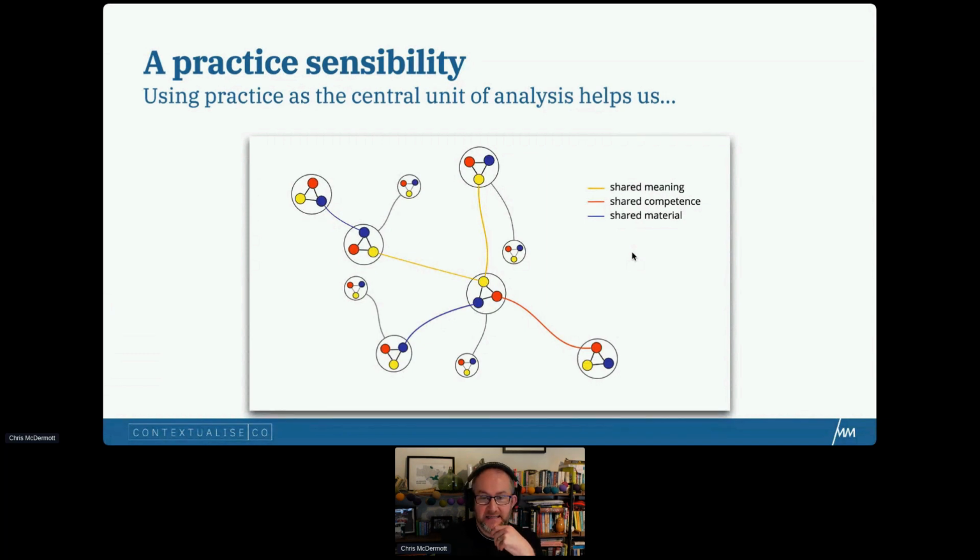It helps us consider what things are shared in our environment and how other things might or might not be compatible, how we might bring things in and how they may or may not work well with the current context, and how we consider what to change in the meanings, materials, and competencies and how they interrelate.